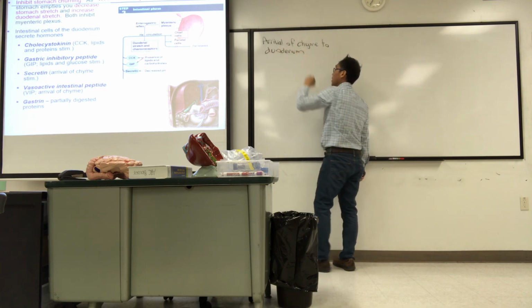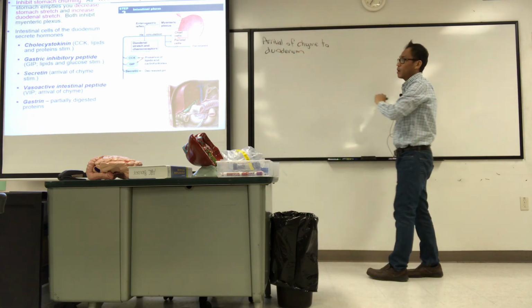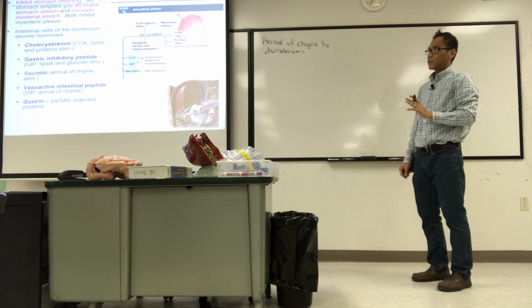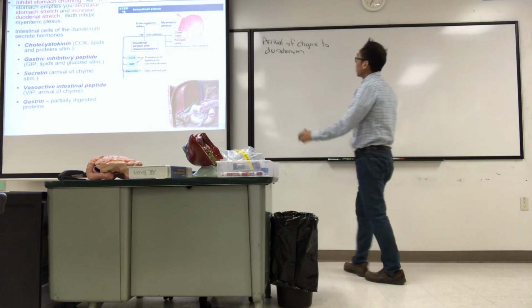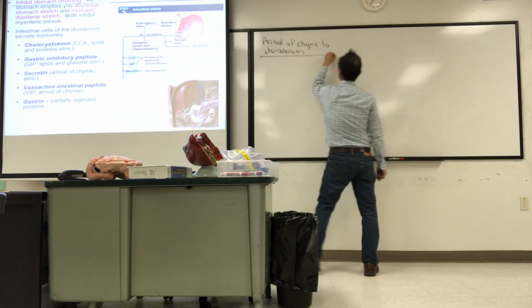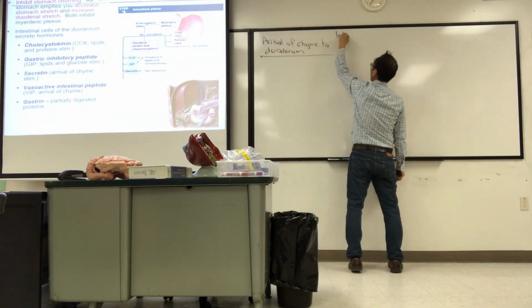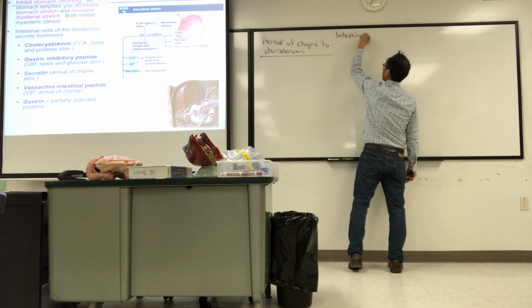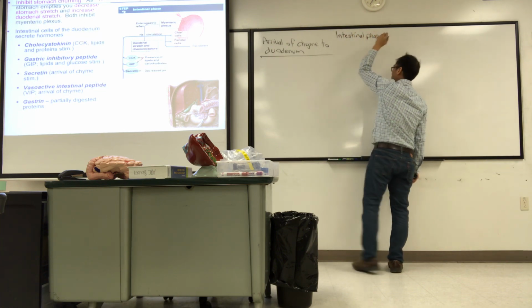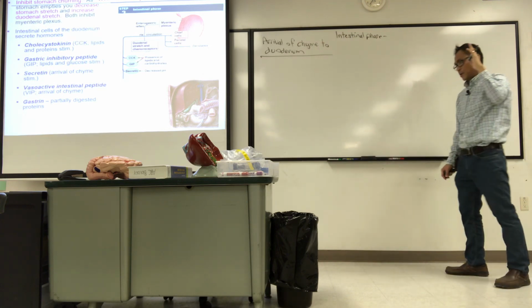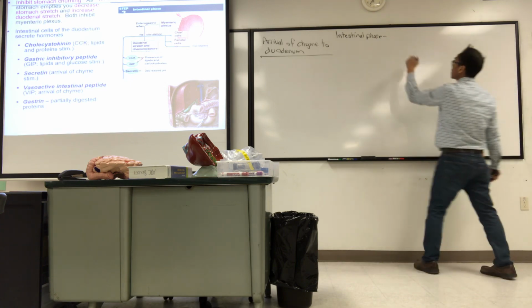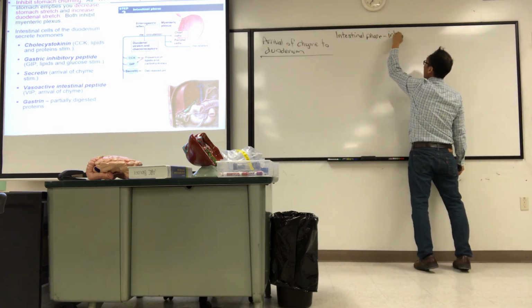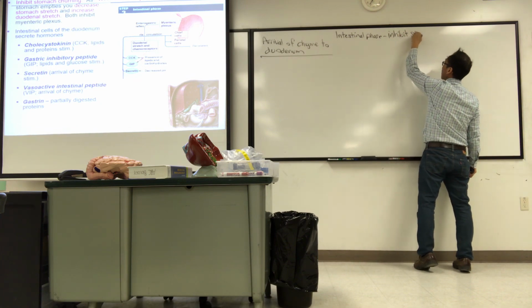These are all duodenal intestinal hormones that are at work here to help the intestinal phase. The primary goal is to inhibit the stomach, just to pace it, okay? So you don't receive too much chyme at once. Inhibit stomach activity.